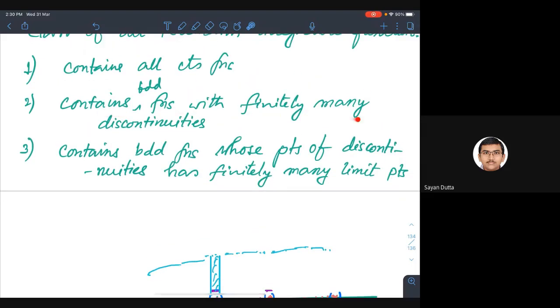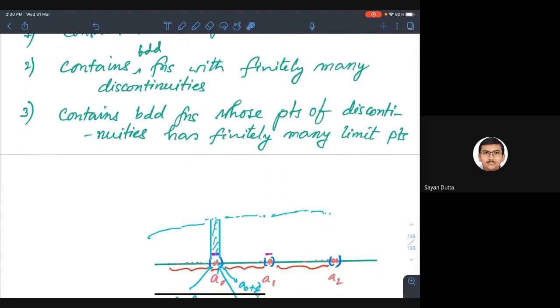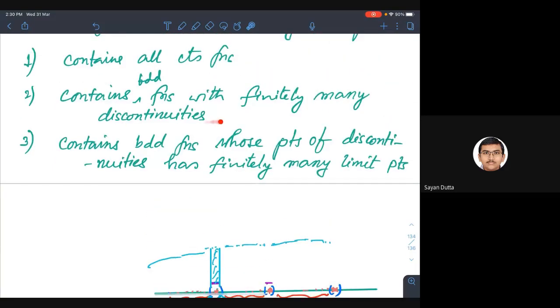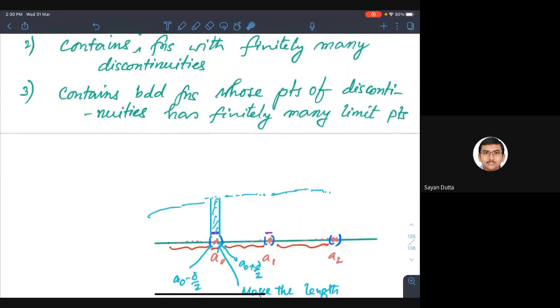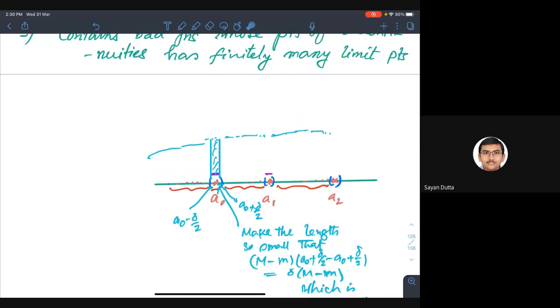This contains one singularity, one discontinuity, which is all written in the notes, so that gives you finitely many singularities, finitely many discontinuities also. And this one will have finitely many limit points, but you need to apply the technique of the same proof here, taking the neighborhood of the limit points smaller.